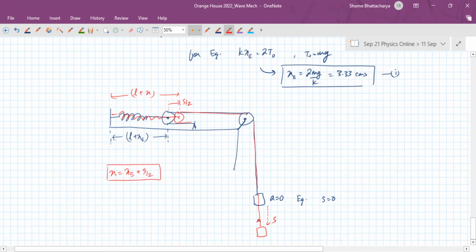So at this new position, I have an acceleration like this.